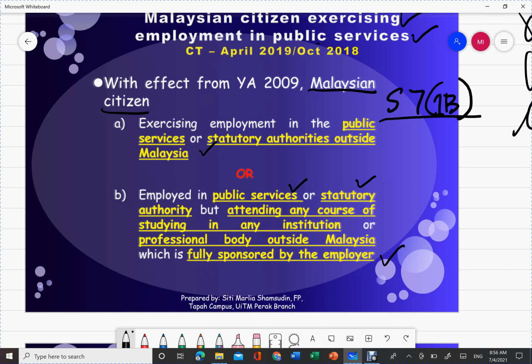Examples: we have ambassadors, and high commissioners. We also have several government agencies, for example Matrade. Matrade promotes Malaysian goods overseas.